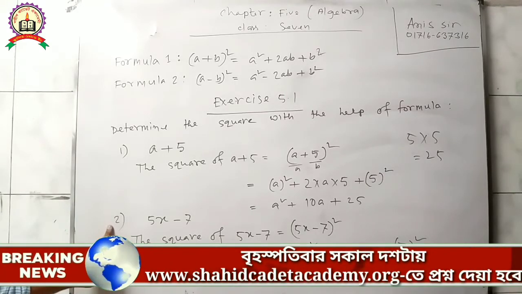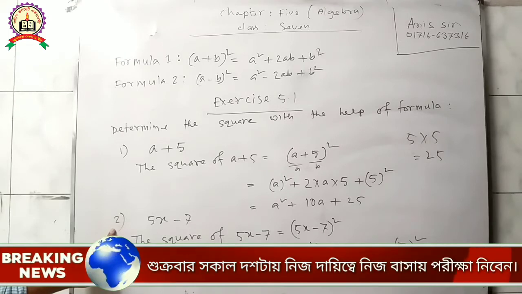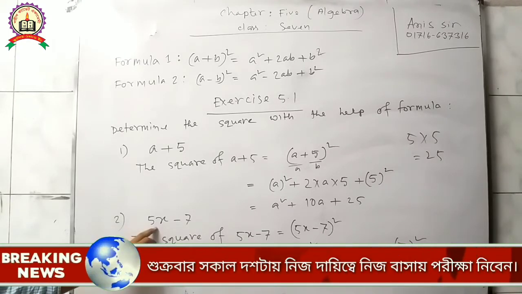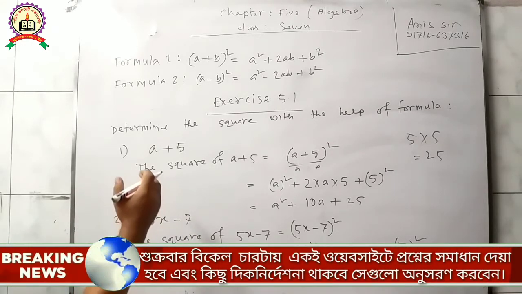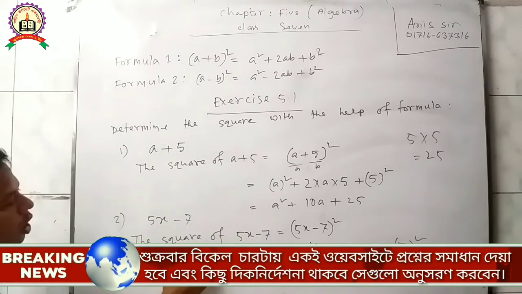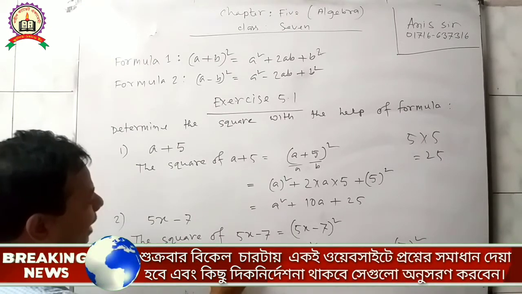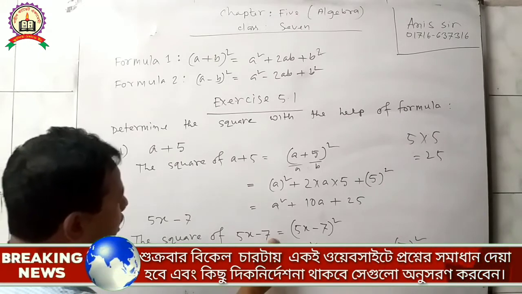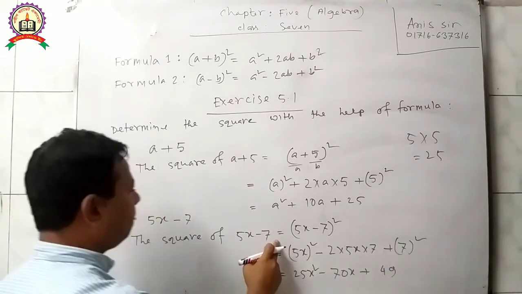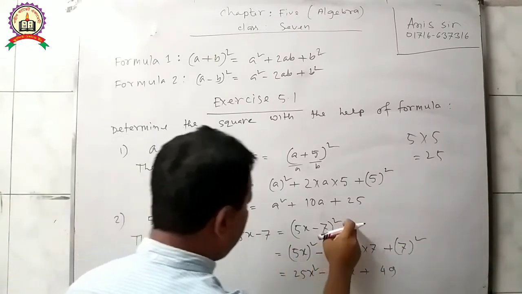Now question number 2. In the same way you have to complete it. We have to determine the square of 5x minus 7. So the square of 5x minus 7 equal to 5x minus 7 whole square.